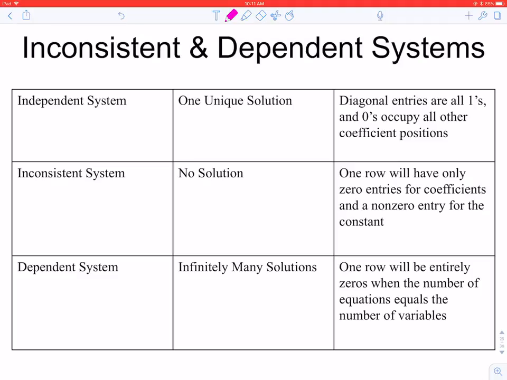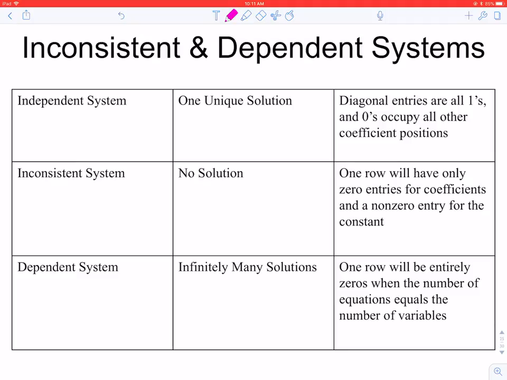Okay, so inconsistent and dependent systems. So far, using matrices, we've only solved systems that were independent, meaning there was exactly one solution. So one point of intersection of either the 2 lines or of all of the planes if they're equations with 3 variables.